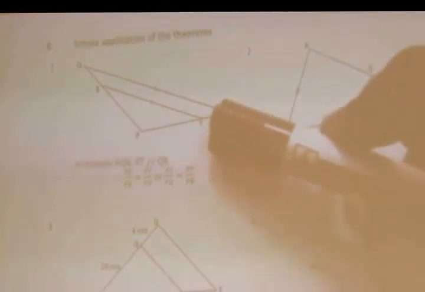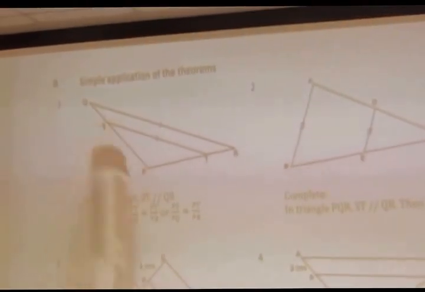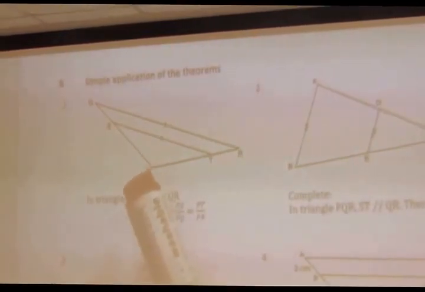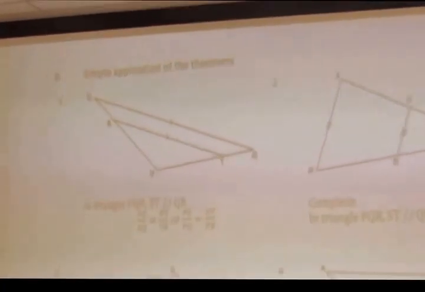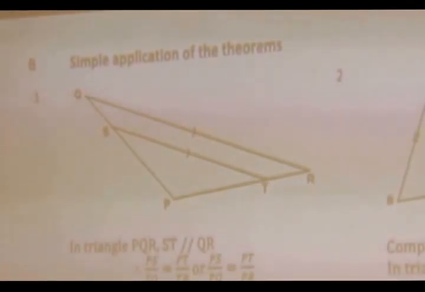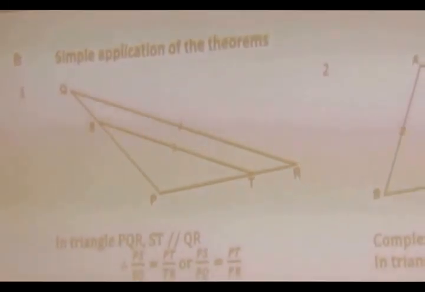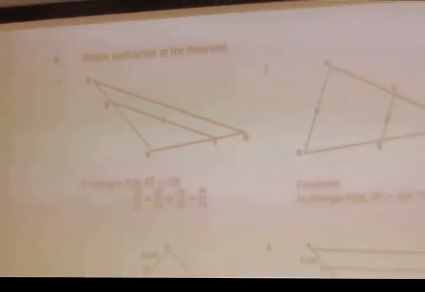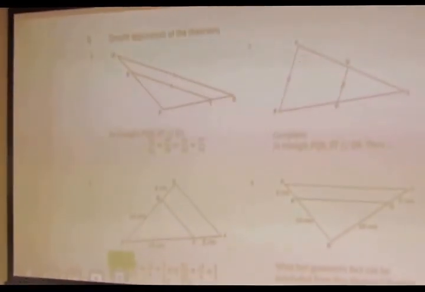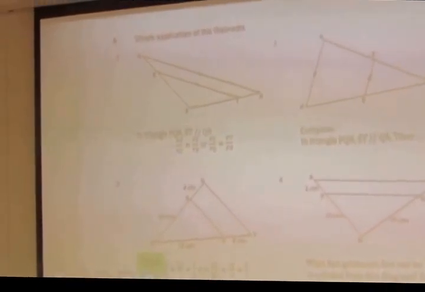Can you see that? This one, is it? Yeah. So, PS over the whole line PQ is the same as PT over the whole line PR. So there's nothing more to do. That's just a fact. You're going to fill in for number 2, and number 3 is also done for you to look at, and number 4 for you to write an answer.